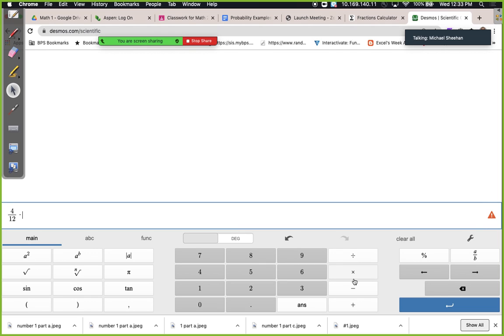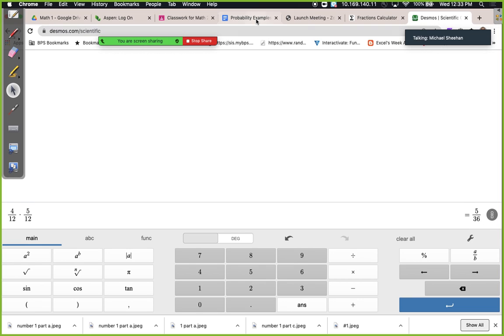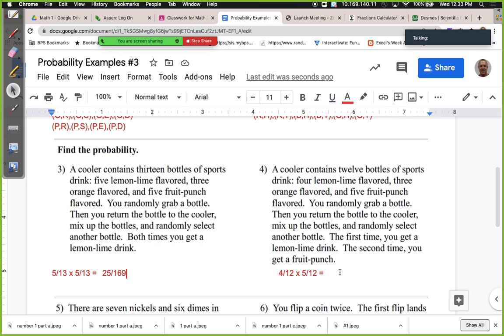And the next one was 5/12. You can see over here it already gave me a decimal answer. If I click right here, it turns it into a fraction, 5 out of 36. That's the reduced answer. So I'm going to come over here and give the reduced answer 5 out of 36.